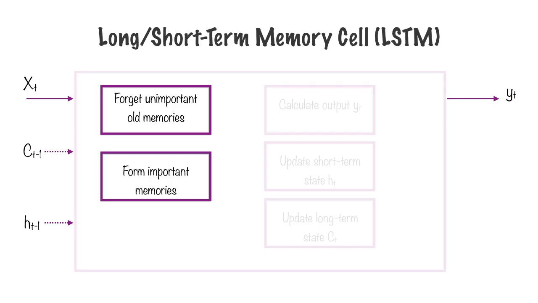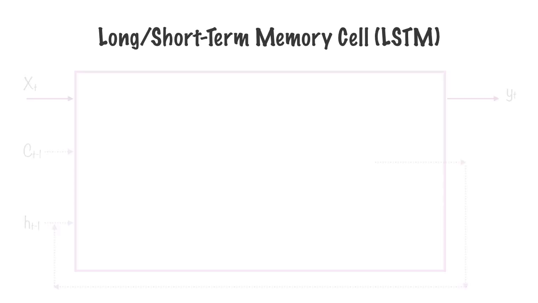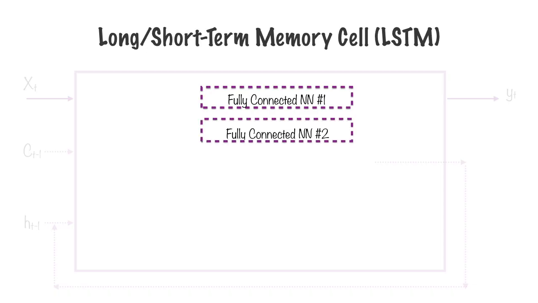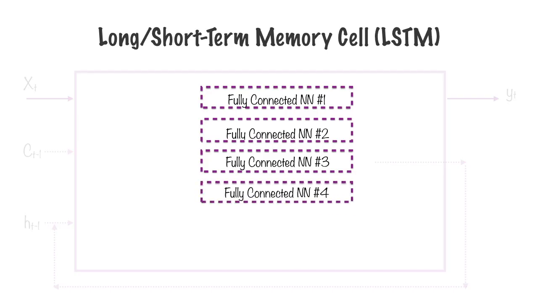These components have to be smart enough to evaluate the incoming input, that is the present input, as well as the short term and long term state that is fed in, to decide what is important and what can be discarded. We know these components exist and what job they actually perform within an LSTM cell. These components are actually four fully connected neural networks.